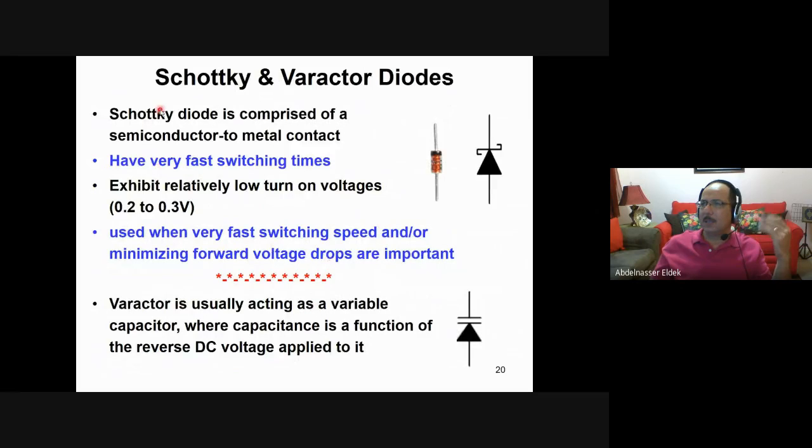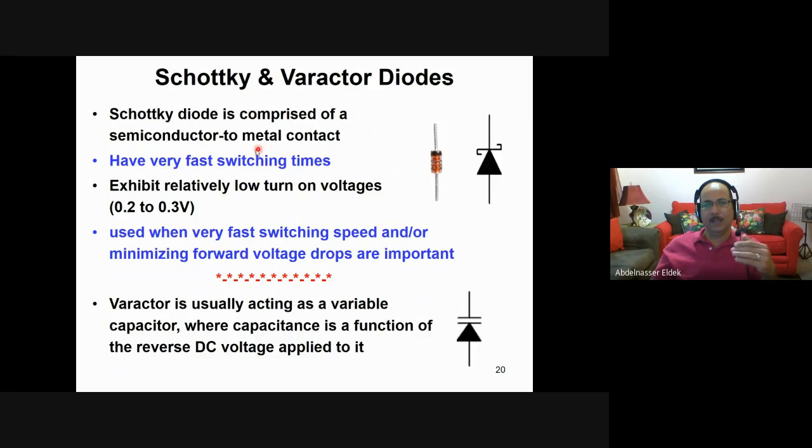There are other diodes here. One is called Schottky diode and the other varactor diode. This is the symbol for the Schottky diode, and here you don't have a PN junction. PN is a semiconductor, you have a P type and N type. This one has a metal inside it, so it's semiconductor and metal.